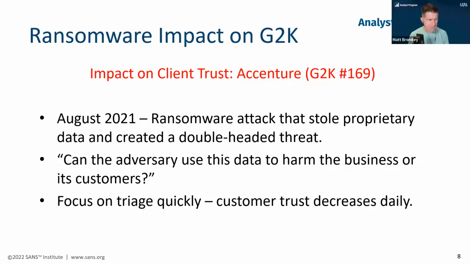So with that said, we've got 3 case studies here that focus on 3 G2K companies, and these are publicly known. So if anyone's watching this and you work at any of these organizations, we pulled all this data from public sources. None of this is private IR reports or anything like that.